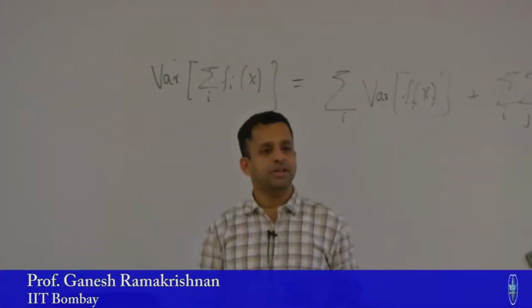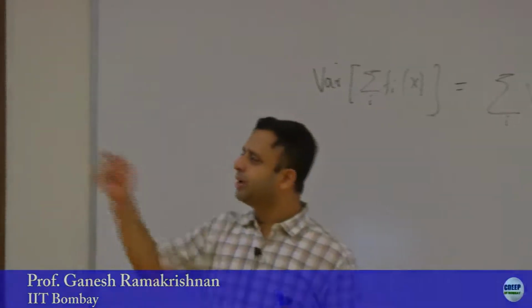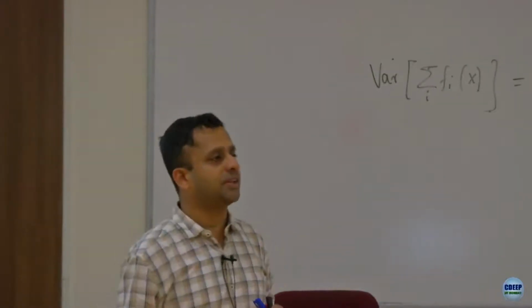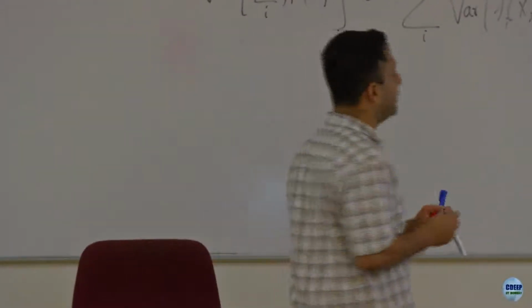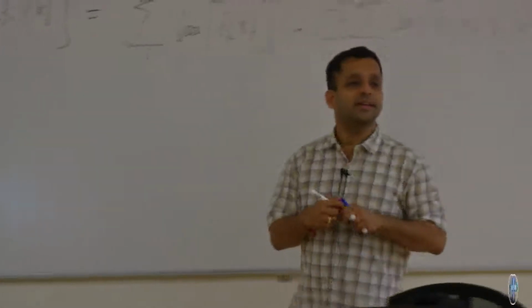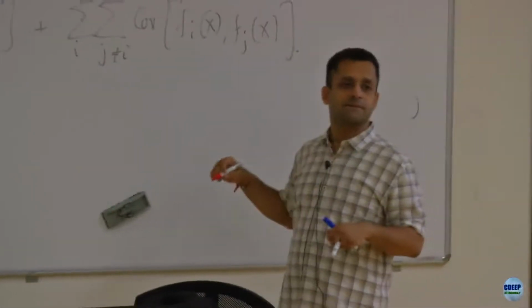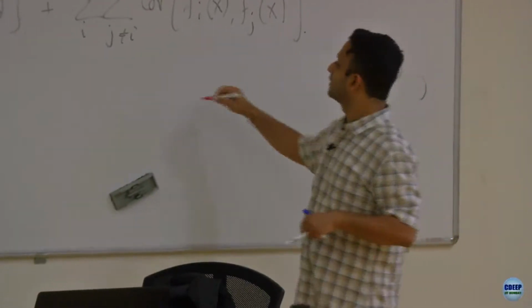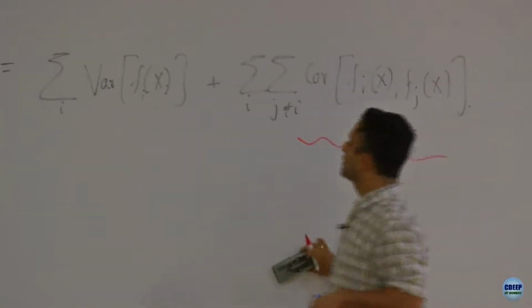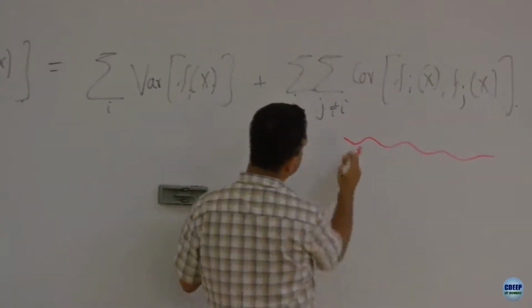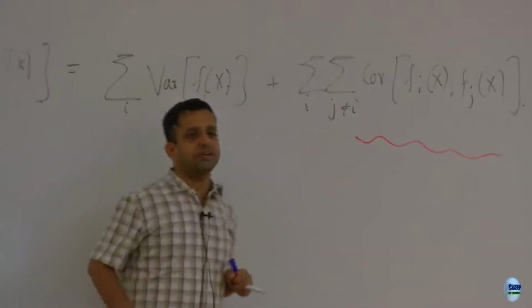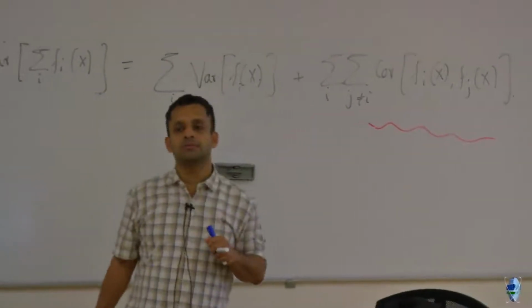Now, how do you take it forward? What is the relation between correlation coefficient and covariance? Covariance by... So how can I recover covariance from rho?